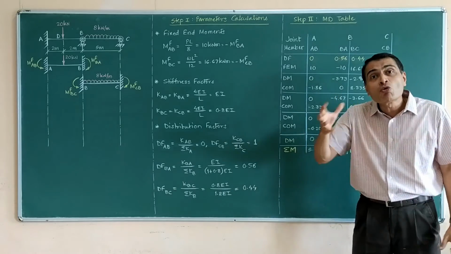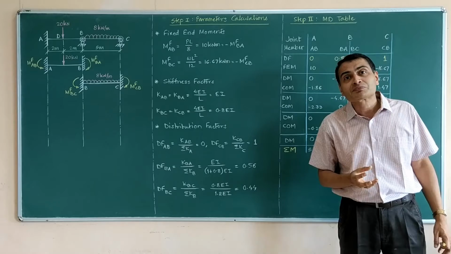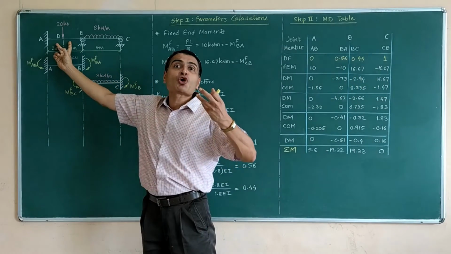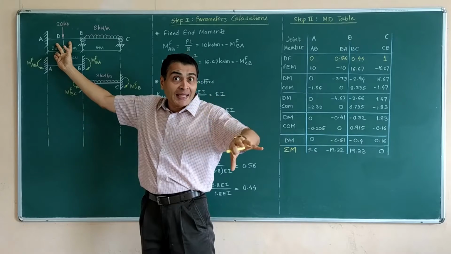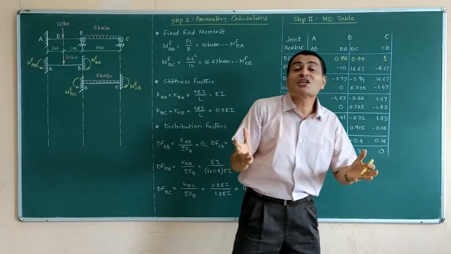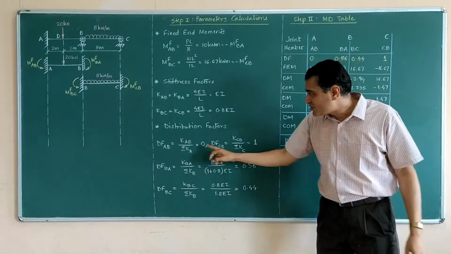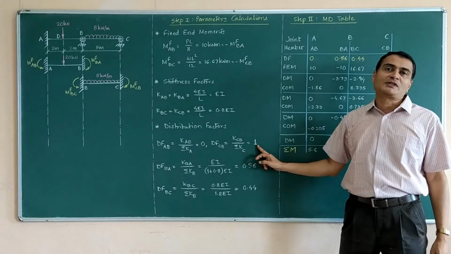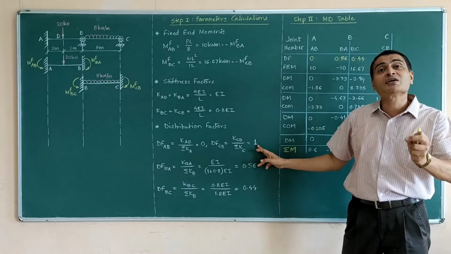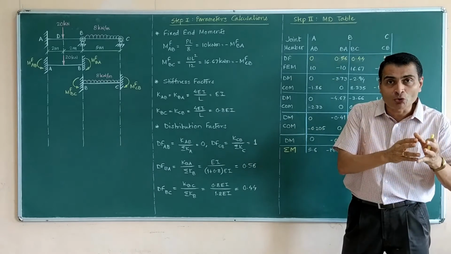So the entire moment that you apply at that joint is absorbed by that member. So my AB doesn't absorb any moment applied at A, and my CB absorbs 100% of the moment applied at C. That is why this is 0 and this is 1. Your distribution factor is 1 for the exterior hinge or roller support, and 0 when you have a fixed support.